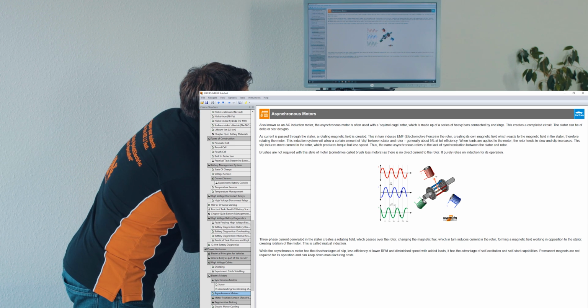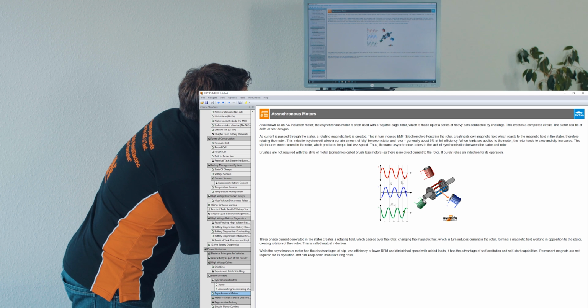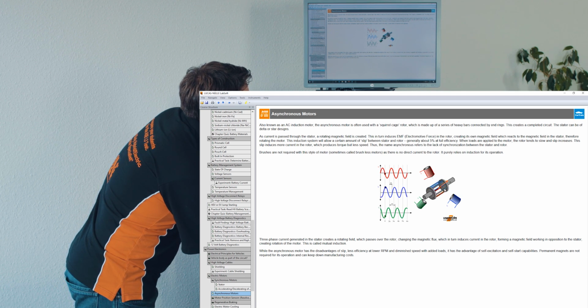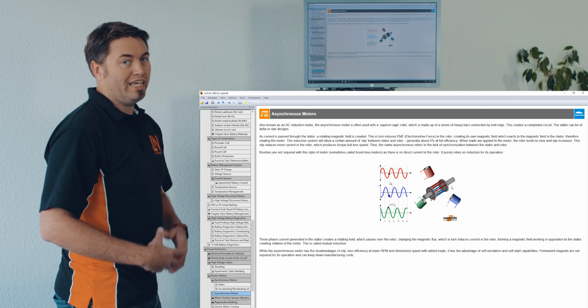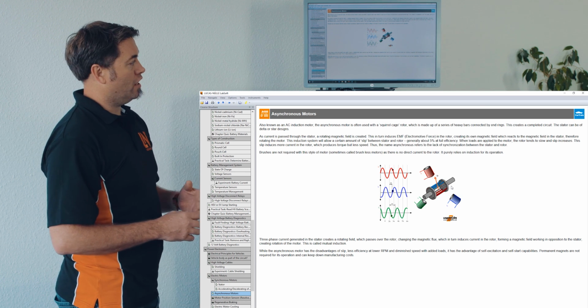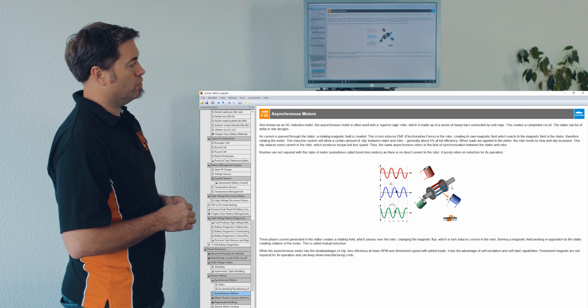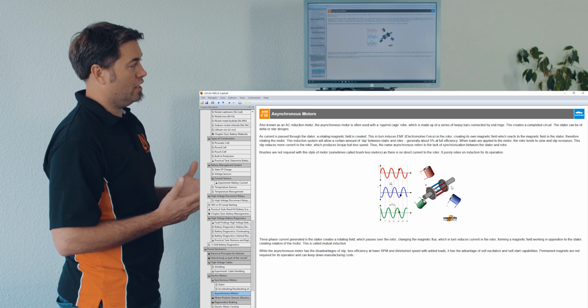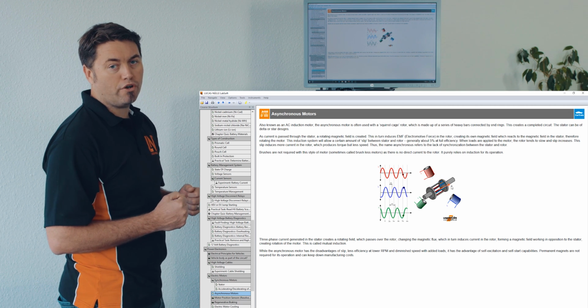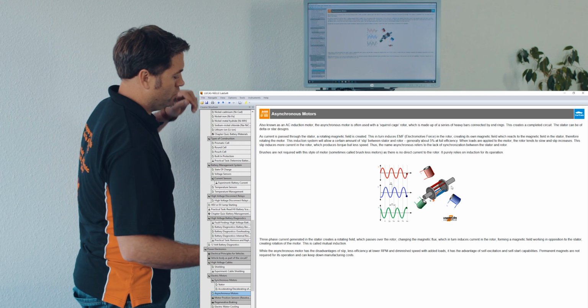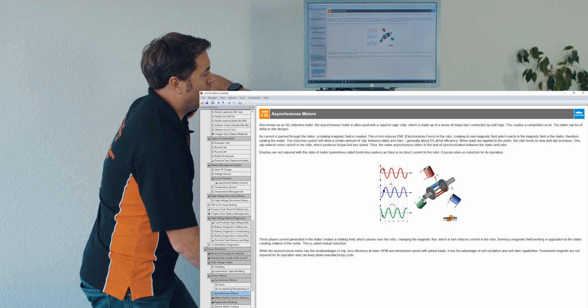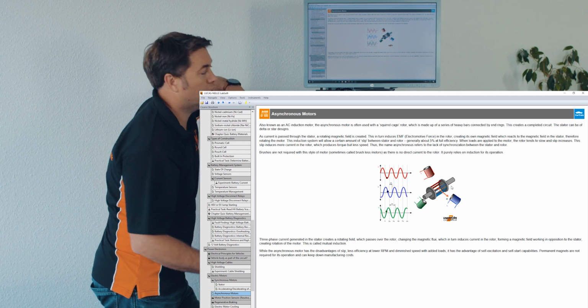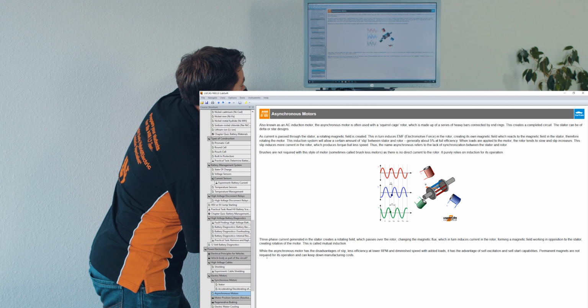As we create the magnetic field in the three coils around the stator, that induces a current inside the rotor, which in turn creates a magnetic field inside the rotor. Once those two magnetic fields correlate, the rotor will begin to turn as well.